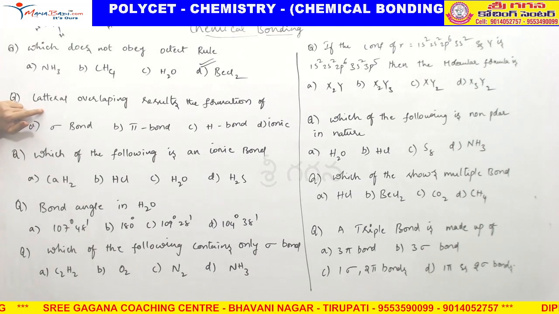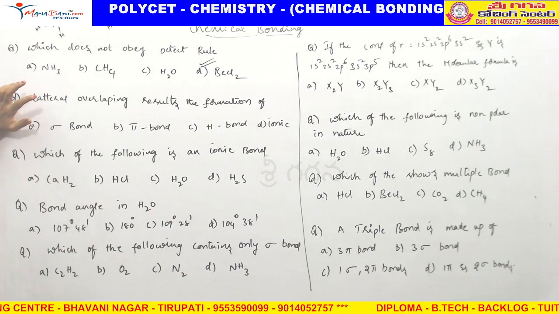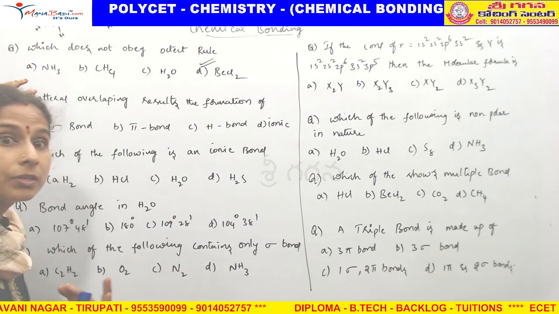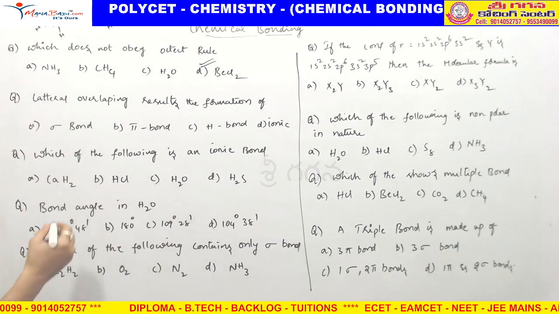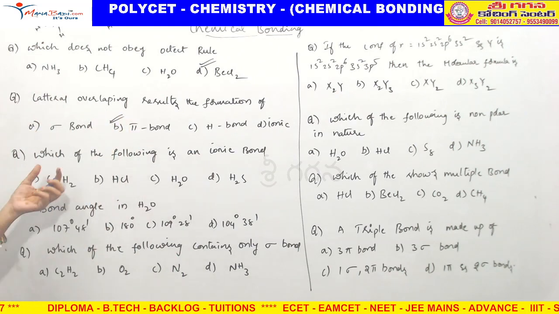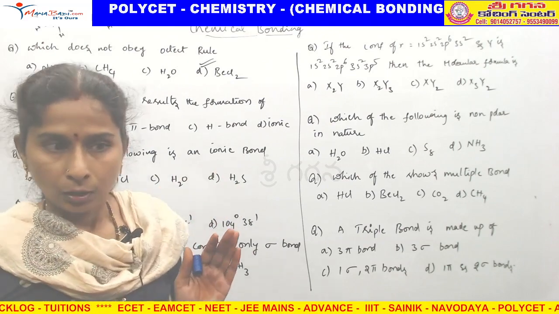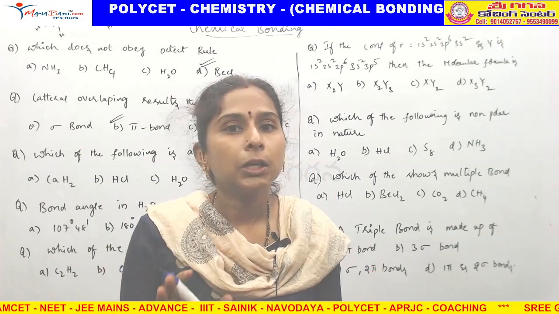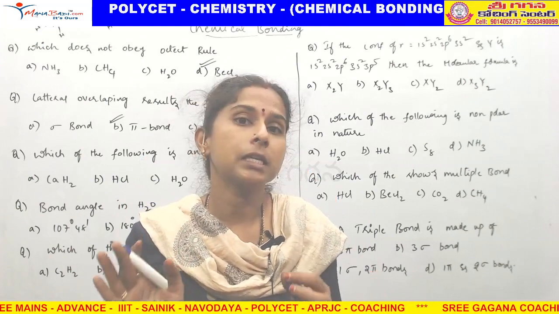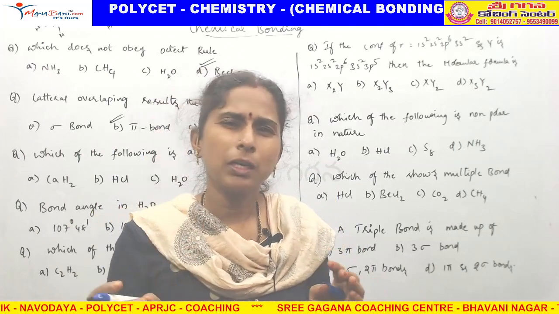Lateral overlapping results in the formation of which type of bond? Pi bond, right? Pi bond. And which of the following is an ionic bond? Remember, one thing to remember for the ionic bond: if any metals are there, that is an ionic bond. You can remember easily.